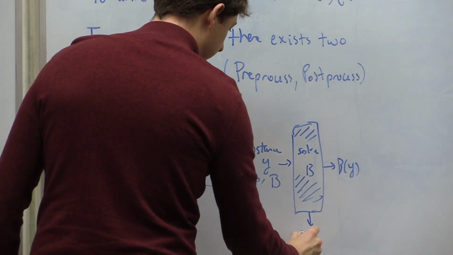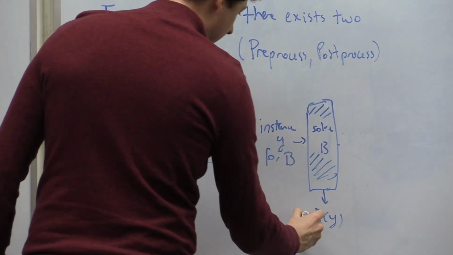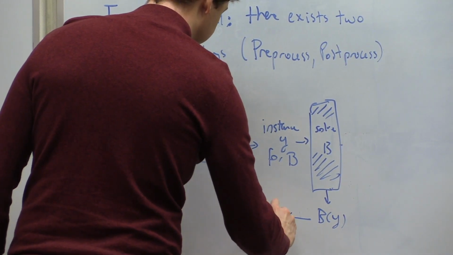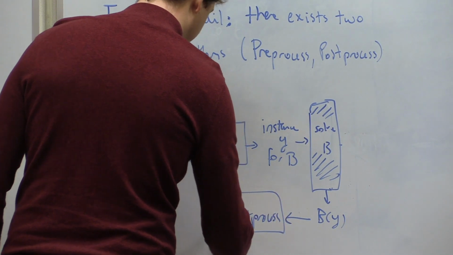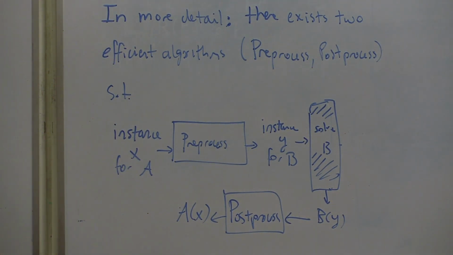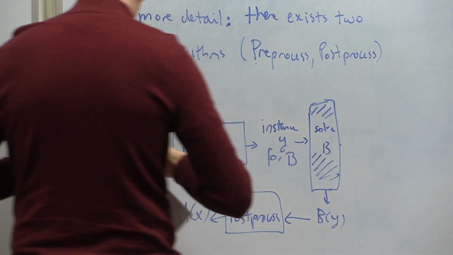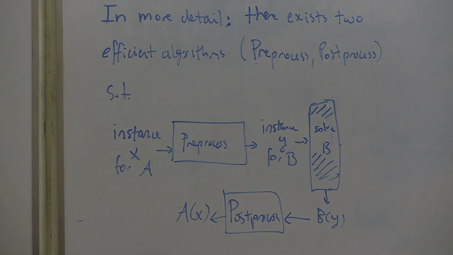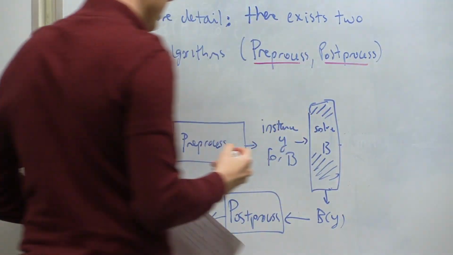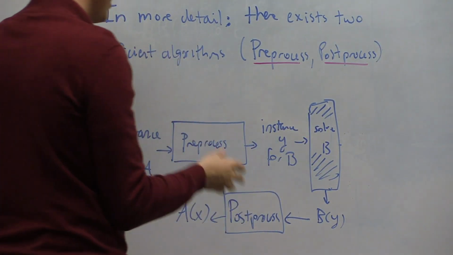And then given B of y, we provide it as an input to post-process, and we get A of x, the solution to the problem A. So the reduction itself is syntactically specified by these two algorithms, pre-process and post-process. Very importantly, the reduction does not say anything about whatever subroutine is solving B. We don't care as long as it's solving B.